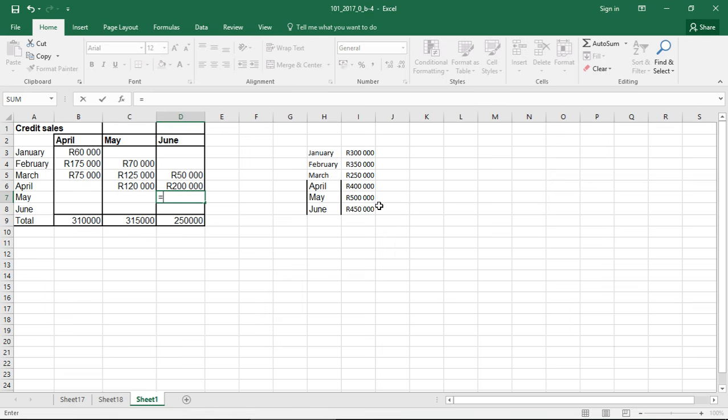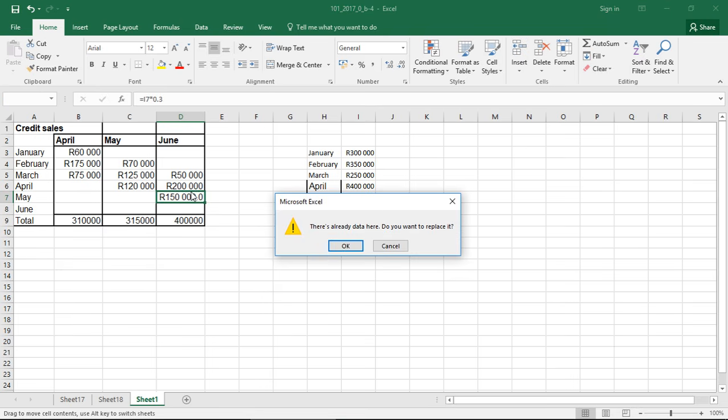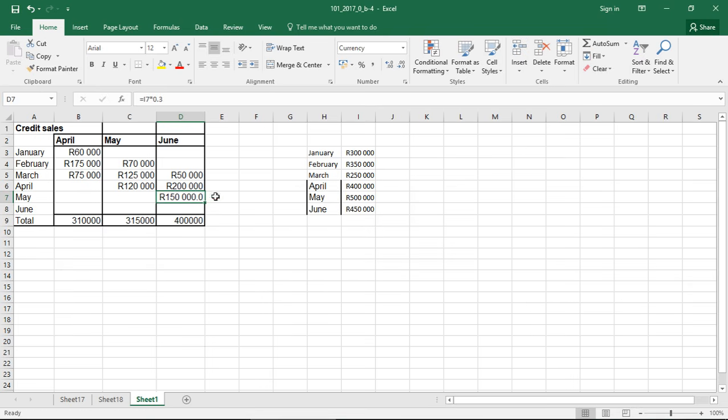So we take the 30% of 500,000. And then the rest, obviously it's after June, so we're not concerned about that. And then for June, we know nothing from June will be collected in June, so we leave it at that.